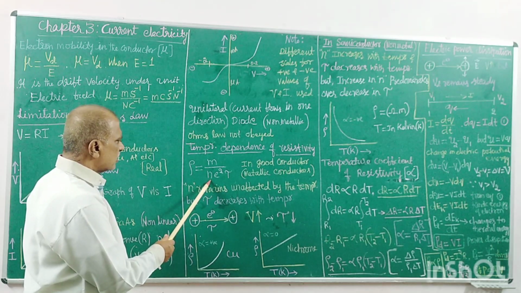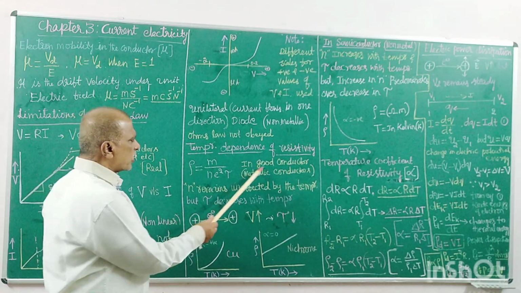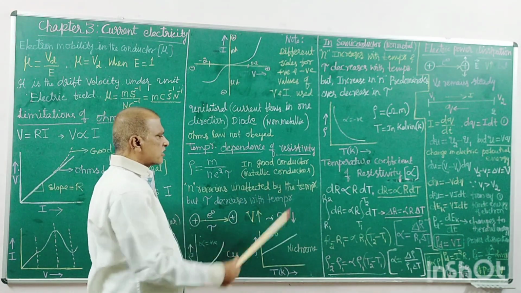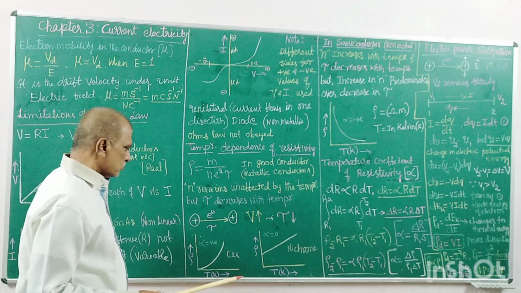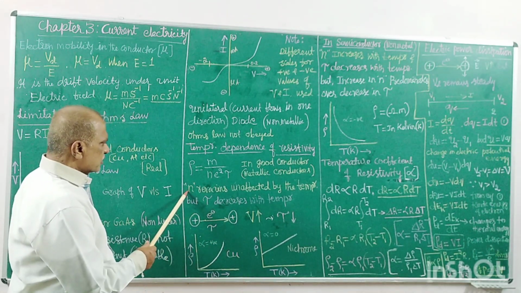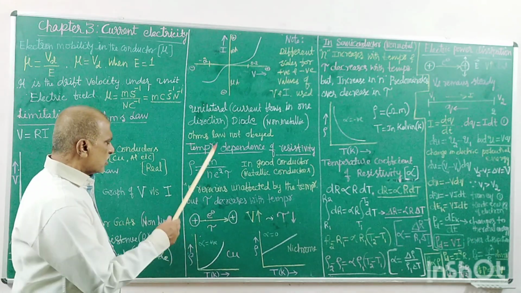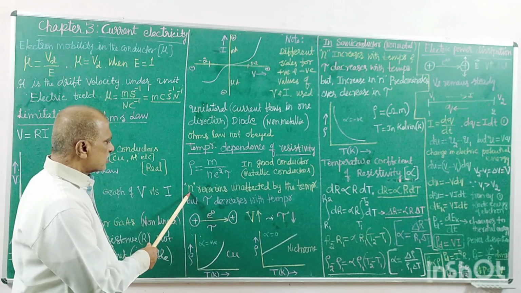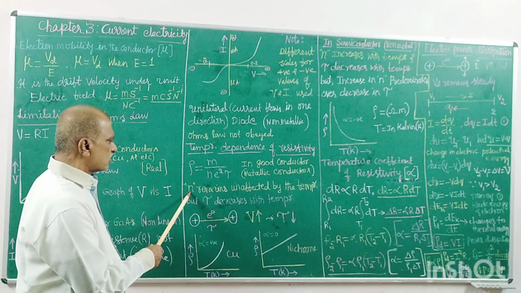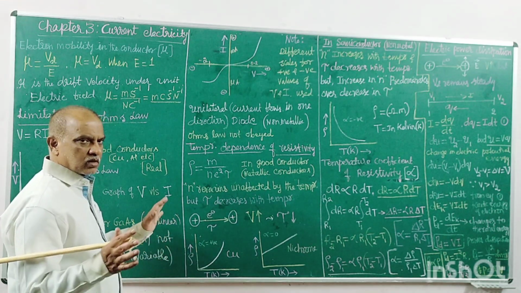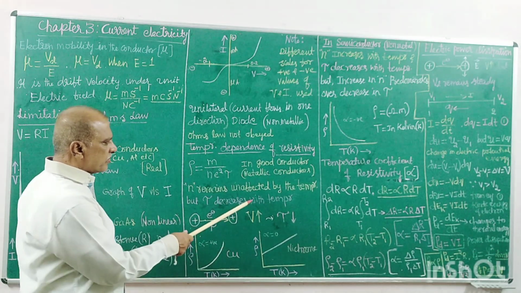Let us verify the effect of temperature on the resistivity for a good conductor, electrical conductors or metallic conductors like copper, aluminum, nickel, chrome. Look at this: in very good conductors, any metallic conductors, the value of n remains almost the same, unaffected, because the free electrons are given one time only, and these metals are non-ionizable by the effect of temperature.